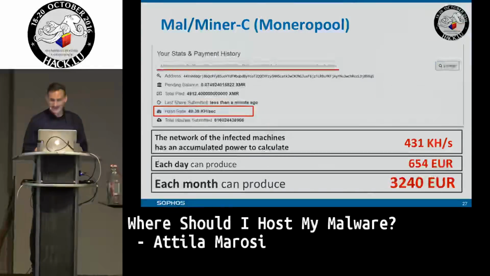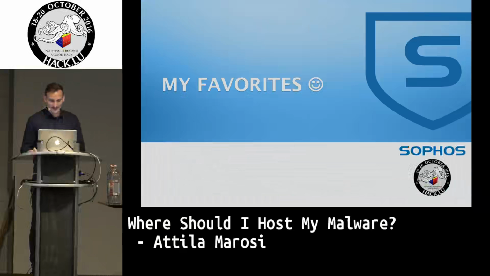As you can see, 6,000 euros each day, it's not bad, and 3,000, yeah, 3,000, it's very, very good for a month. So I think this was the first time we have exact data about the malware. It's very, very good, and based on how difficult it is, I think it's very, very good.